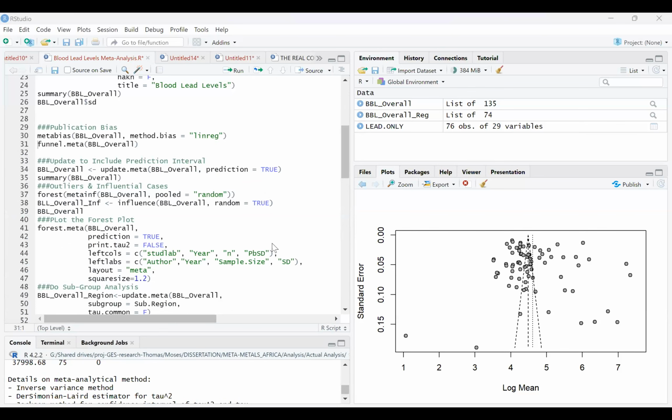Okay. Now we can go in and plot it. Doing the funnel plot isn't a difficult thing either. Simply type in funnel meta, then put in the model you developed earlier. Then click run, and you can get it. So let me delete this one first and redo it so that everybody is seeing it.